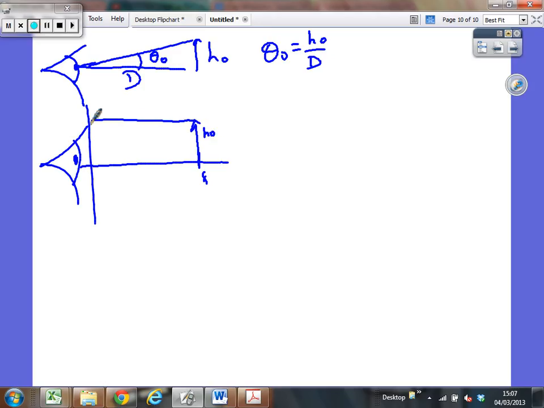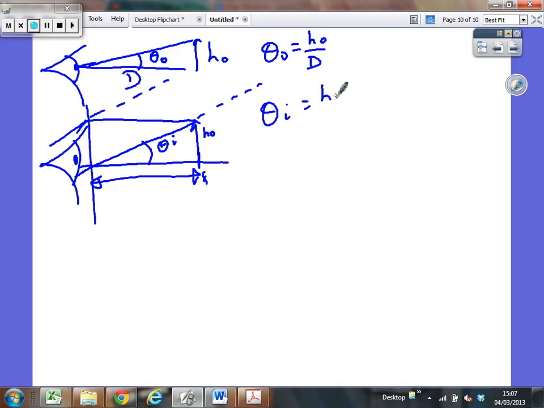Then we construct our ray diagrams again. We get these rays coming from the object. These rays are then effectively parallel and appear as if they have come from infinity, so our eye can still create an image from that. Let's call this angle theta I. In this case, theta I would be h0 over the object distance, but the object distance is equal to f because it's at the focal point.